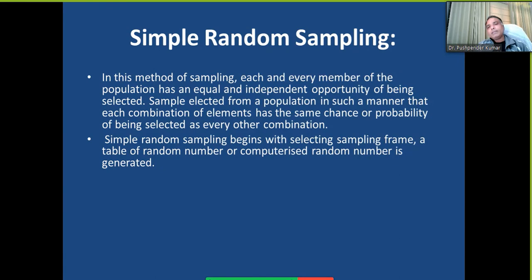Now simple random sampling begins with selecting a sampling frame. So you need to have some sampling frame, as I mentioned. If you talk about a student, how you will identify a student, that would be on the basis of enrollment number, exam number, or college roll number, right? So it's a kind of table of numbers. So you select randomly. How do you select randomly? Now we have www.random.com. In that you put that we have this many students.